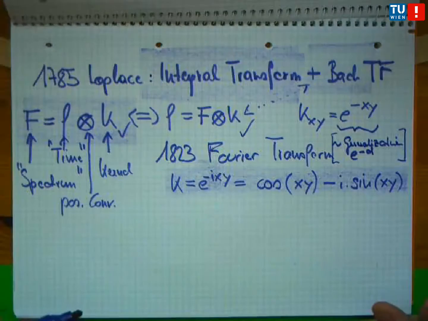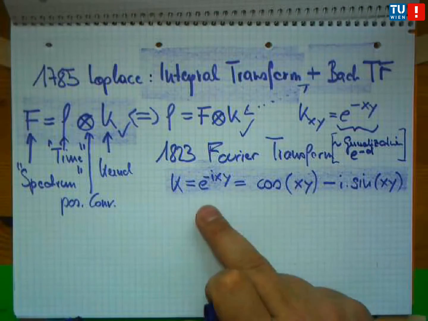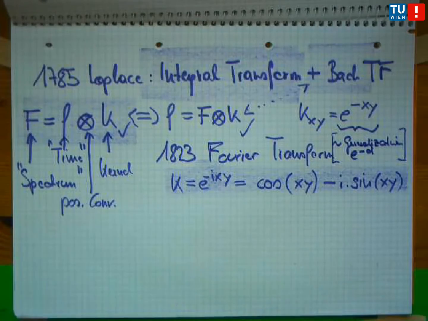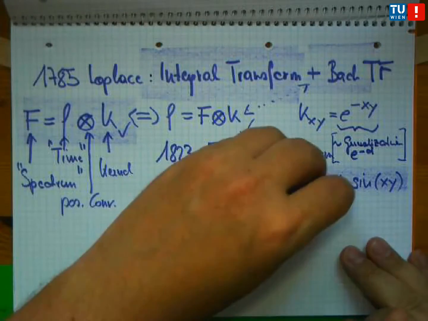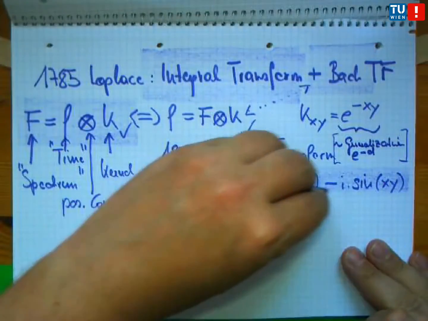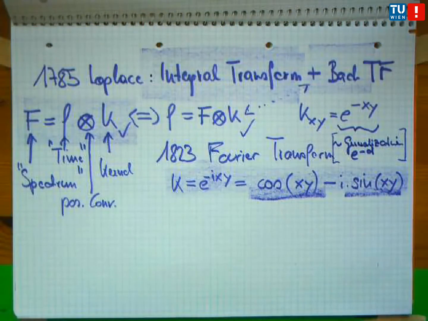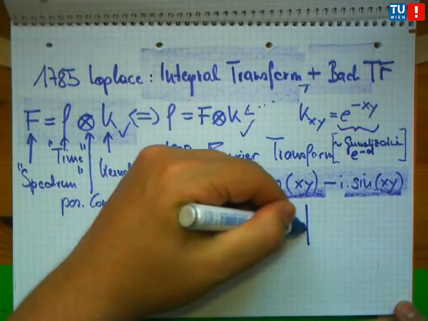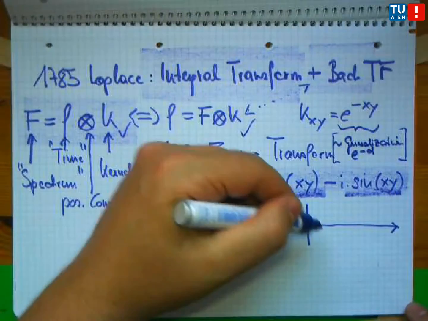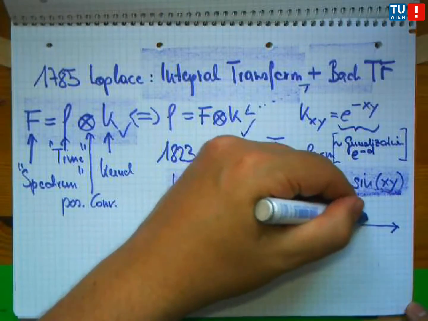What was hard to interpret is now being interpreted in the form of angular functions. And with angular functions, we know exactly what they look like. Both sine and cosine have a structural form like this.